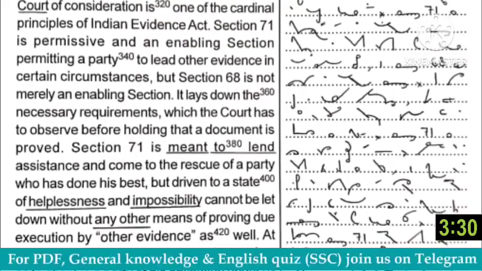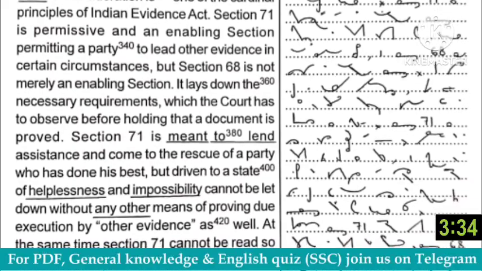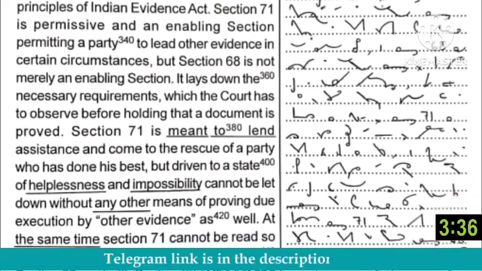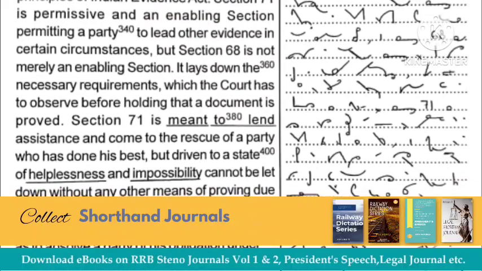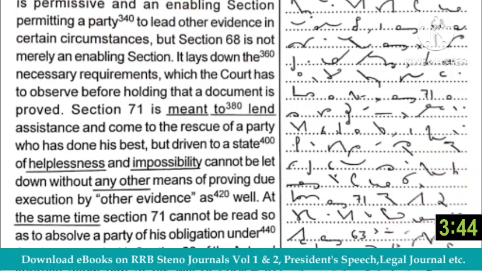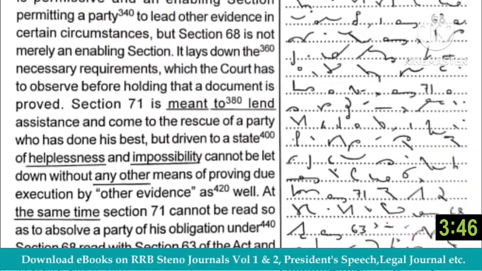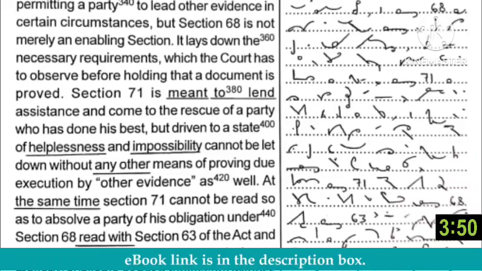Section 71 is meant to lend assistance and come to the rescue of a party who has done his best, but is driven to a state of helplessness and impossibility, and cannot be left without any other means of proving due execution by other evidence as well.